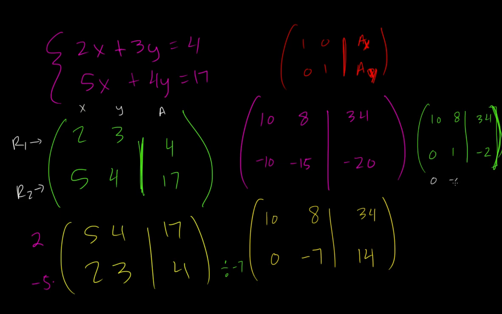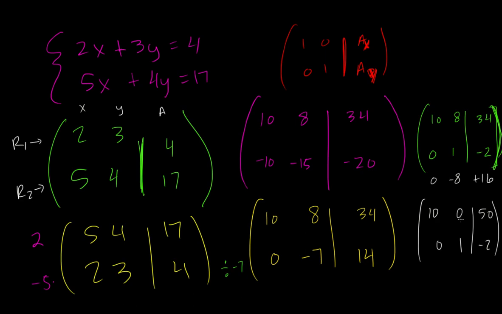So 0, -8, +16, and then I'm going to add that to the top row. So 0 plus 10 is 10, this plus this is 0, this plus this is 50. And then the bottom row, we didn't actually multiply it, so we just keep it where it was.